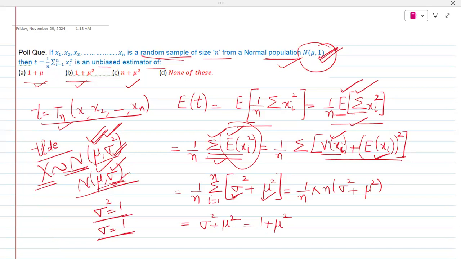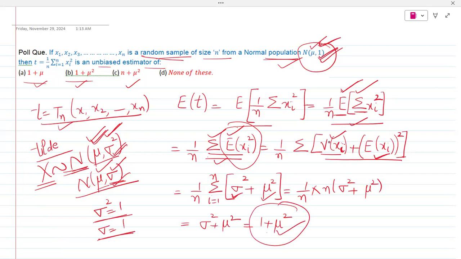So that's why here the population standard deviation or population variance is known. What is unknown? Mu, the population mean. So that's why we are estimating the population mean.